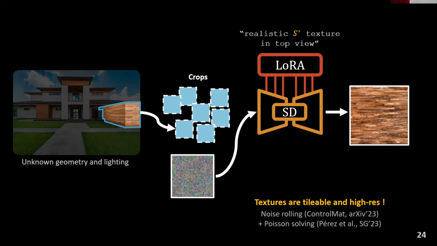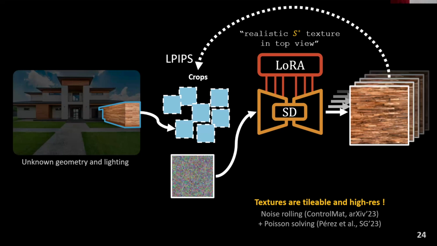That way we can get textures of any arbitrary size. We're not forced to generate only one texture from that input region. We can actually generate as many as we want. And that's what we do. We generate a couple and we choose the most appropriate one by simply looking at the argmin of the LPIPS with respect to the crops of the input image.